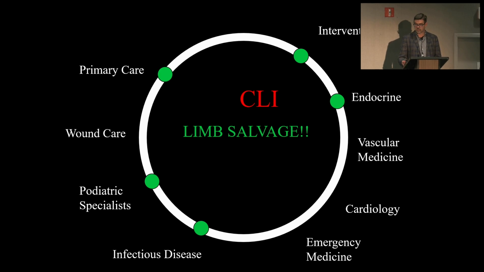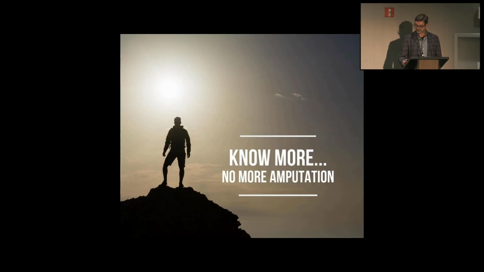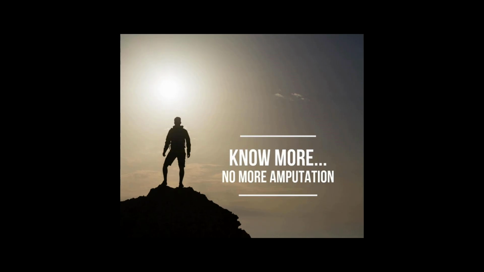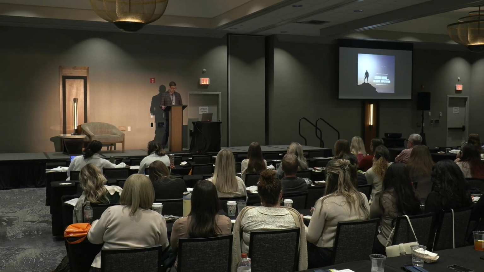Amputation is not the goal. And once we have that connection, then we can actually work on saving the limb and then improving survival for that particular patient. All right, I'll end with no more amputation. And we are moving along really well.